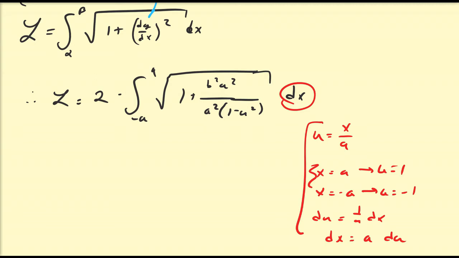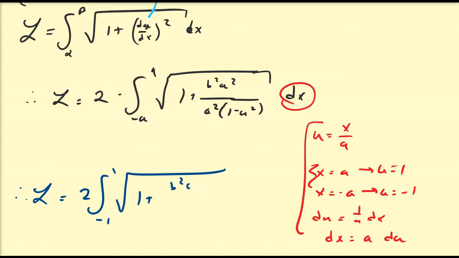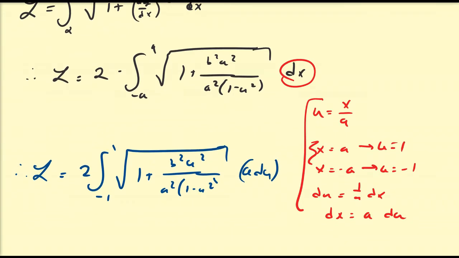So replacing all these things into our integral, we have L equals 2 times the integral from minus 1 to 1 of the square root of 1 plus b squared u squared all over a squared times 1 minus u squared multiplied by a times the differential of u, right?